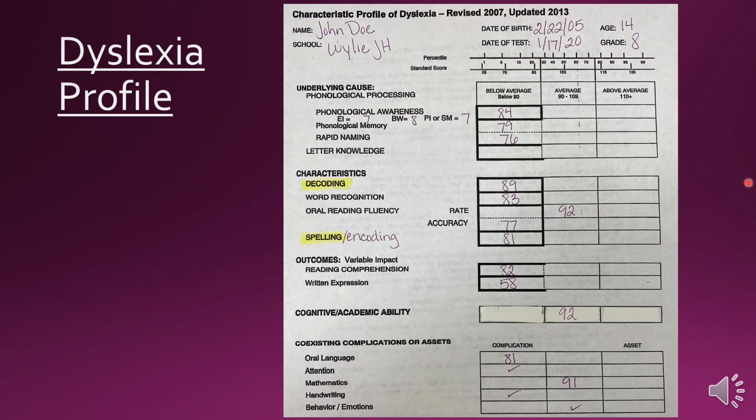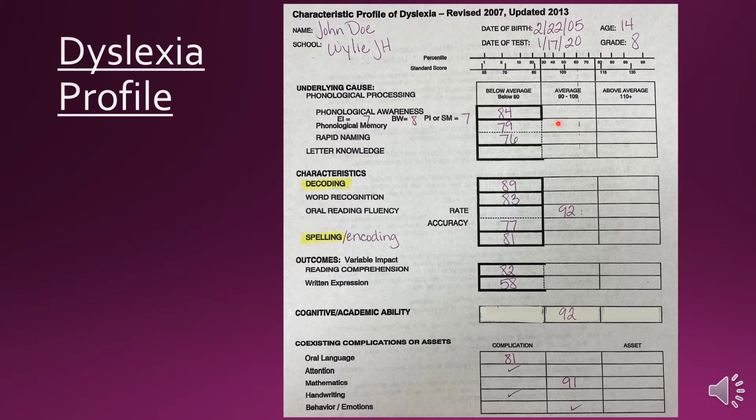Okay, here is a profile. Again, one of my students from this year who qualified for dyslexia. Now, you can see this is the Texas Scottish Rite profile for dyslexia. They are one of the leaders in identifying dyslexia in the state of Texas, and this is the profile they came up with, so it's what we use to help us identify.